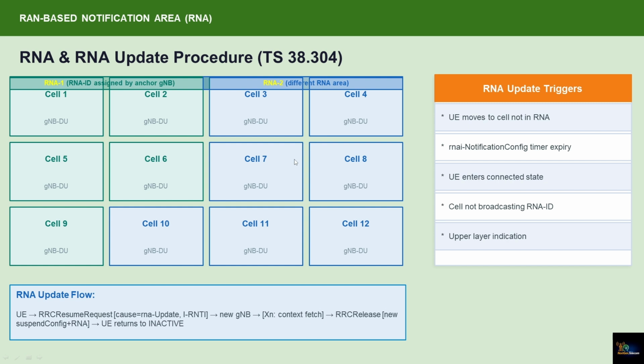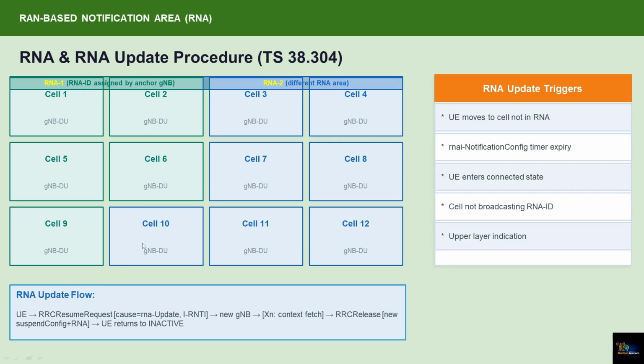A different RNA area has cell 3, cell 4, cell 7, cell 8, cell 9, 10, 11, 12. So these are two different RNAs.